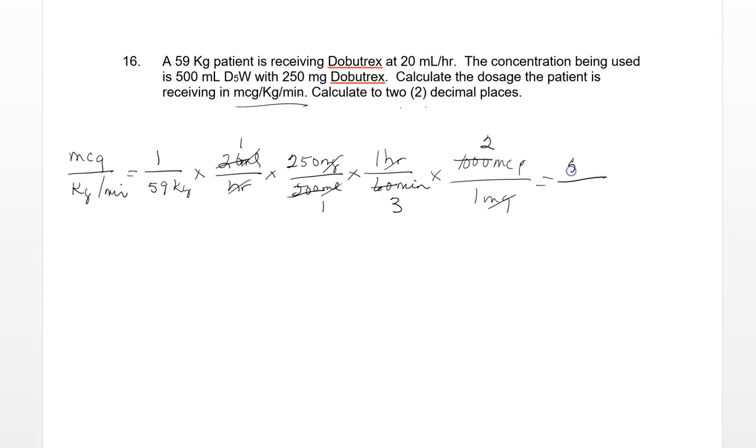250 times 2, which is 500, divided by 59 times 3 equals 177. 500 divided by 177 equals 2.824, which we're going to leave it at 2.82 micrograms per kilogram per minute.